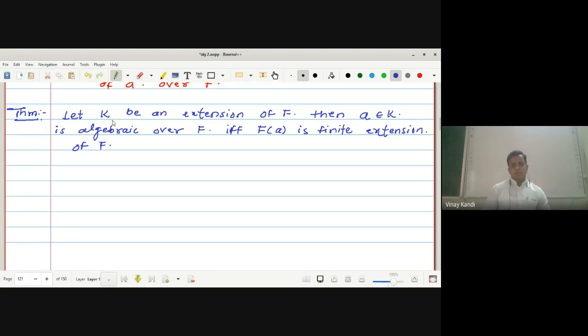Let K be an extension of field F. Then we have to prove that if a belongs to K is any element of the K field, it is algebraic over F if and only if F of a is a finite extension of F.